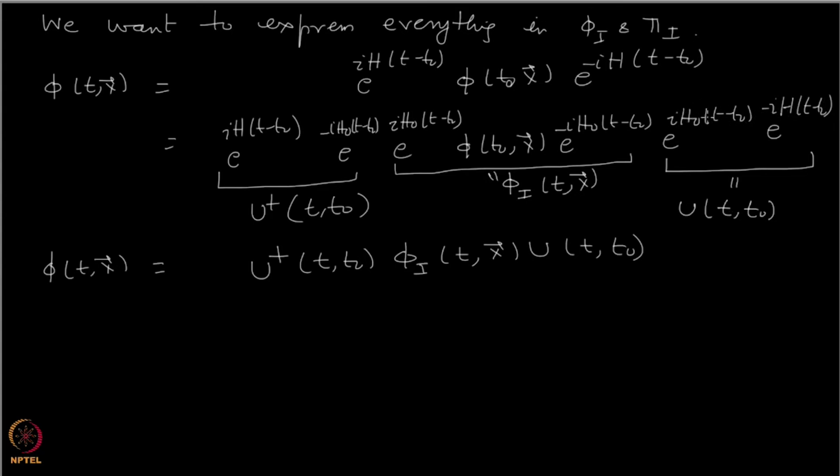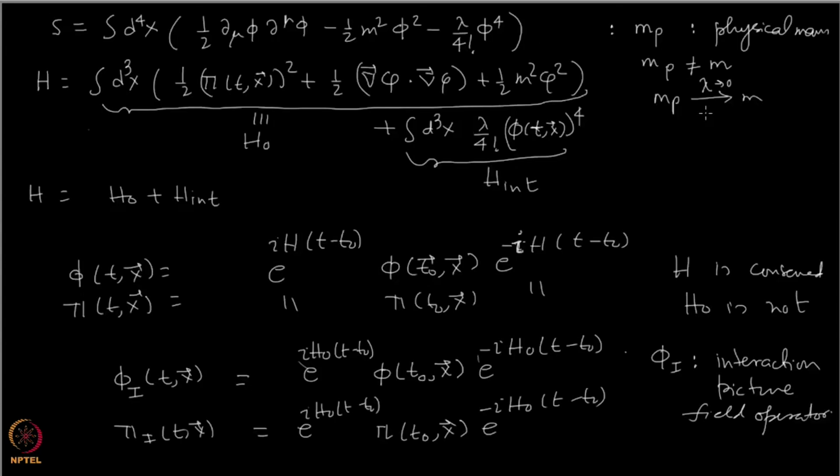H naught is this, so it is made out of pi and phi, and H is also the full thing, so it is also made out of pi and phi.